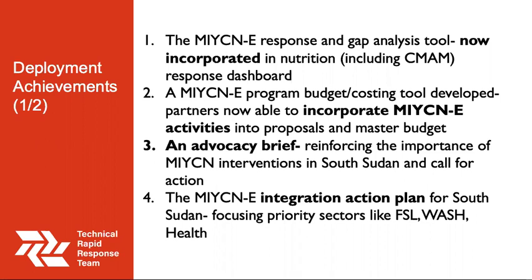In the same way, we had the MIYCN program budgeting or costing tool. In a small group, we identified the minimum response activities for MIYCN which can be done in the context in line with the HRP, and what minimum budget they may need, in line with the existing guideline that Priscilla was indicating, developed by Alex in 2017.